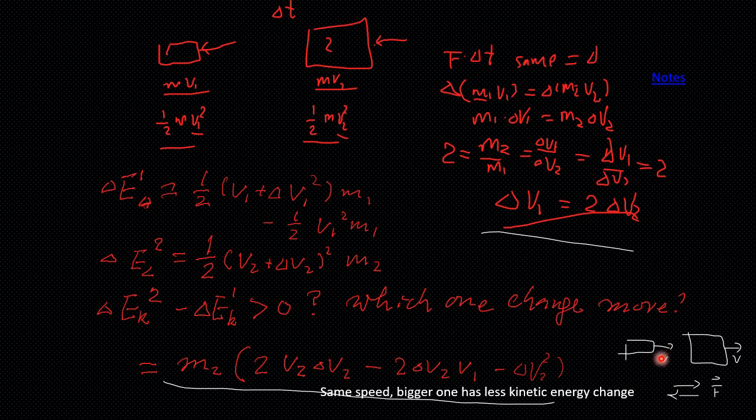You have an impulse, a force on it. Now you want to sit in a bigger car. That's big, so its kinetic energy changes less than the small one if they have the same speed. Of course, if it has a big speed, it changes more; less speed, it changes less. So they're all different situations. And in either direction, whether accelerating or decelerating, if they have the same speed, the bigger one has less kinetic energy change.